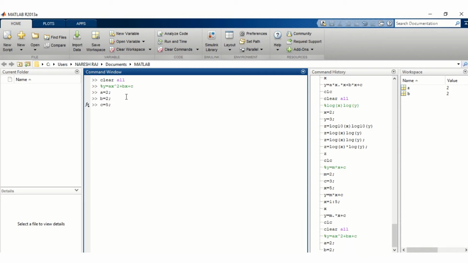And now it's time to assign the value to the variable x. Assume x equals 5. Now we will take only one element in the variable x.